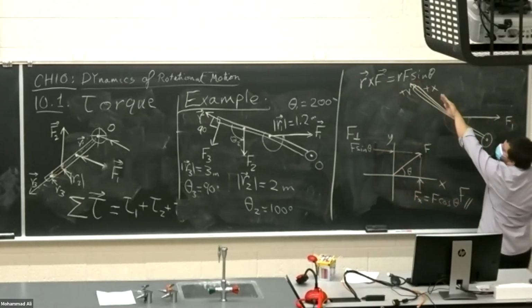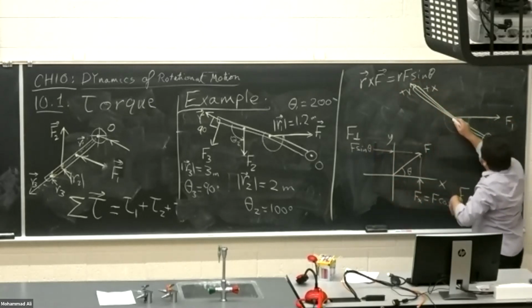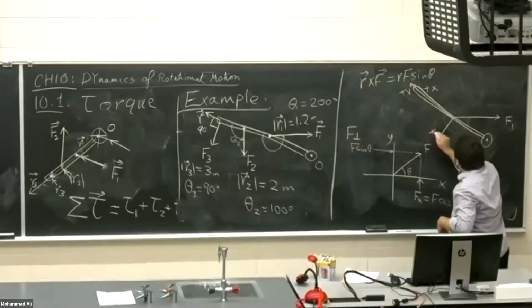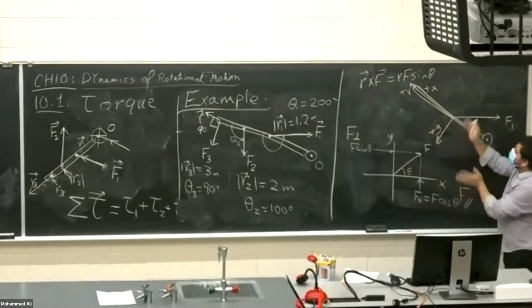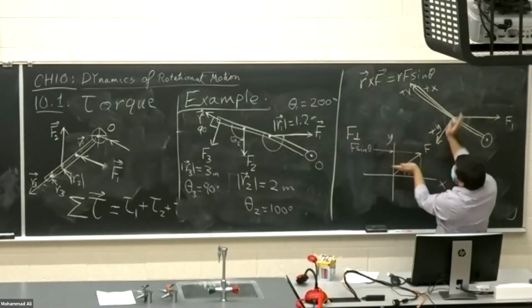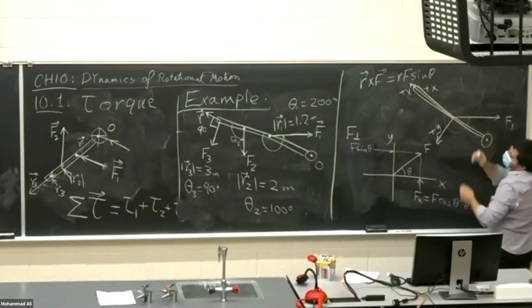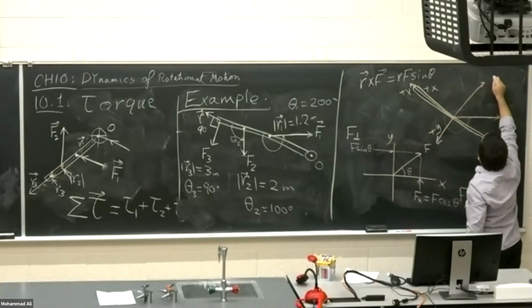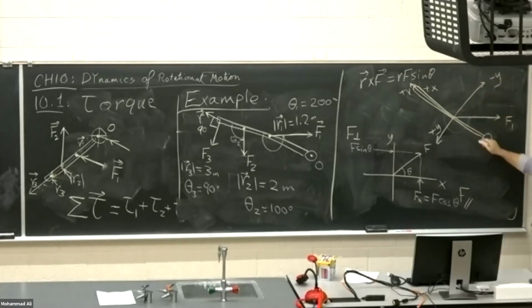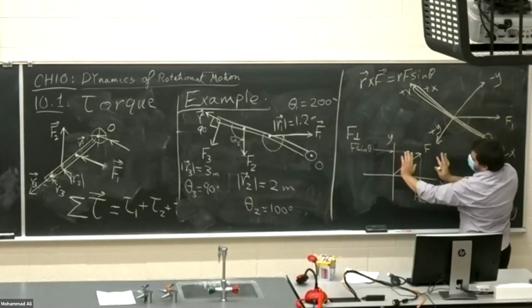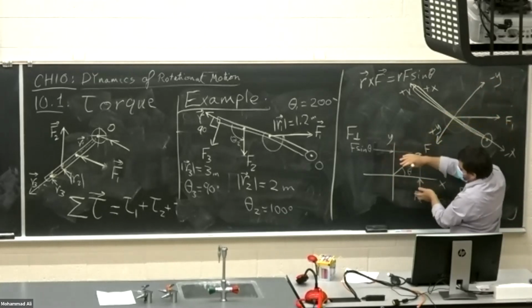If this is the positive X, we need to go counterclockwise to find the positive Y. So our coordinate is rotated by the angle theta. This is the negative Y. This is the negative X. Okay? It is just rotated. It is our system, this one, but it is rotated.